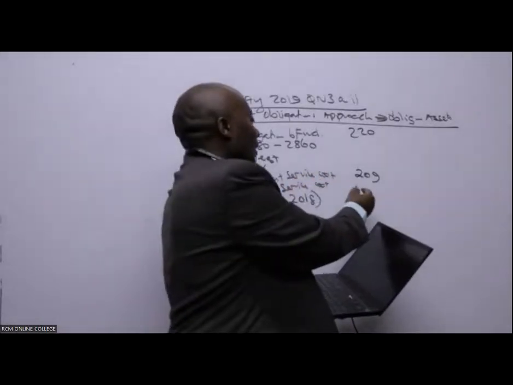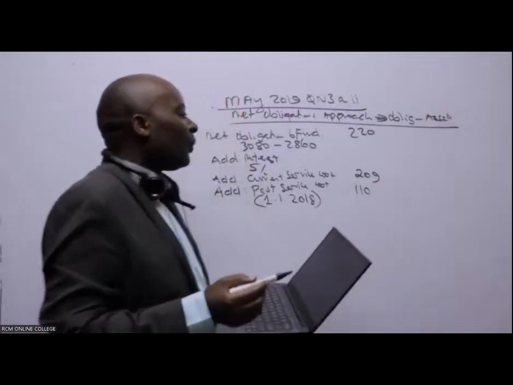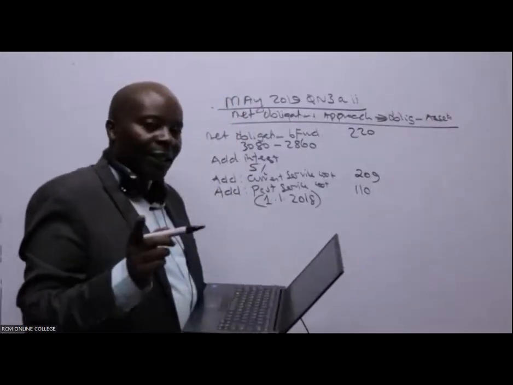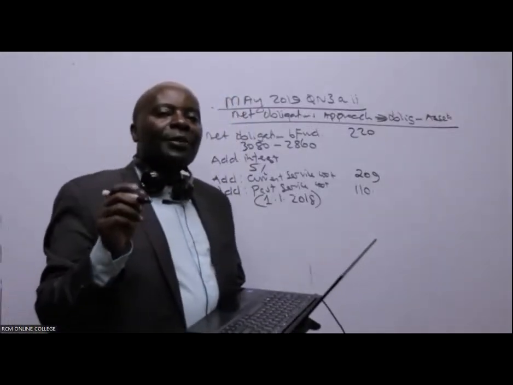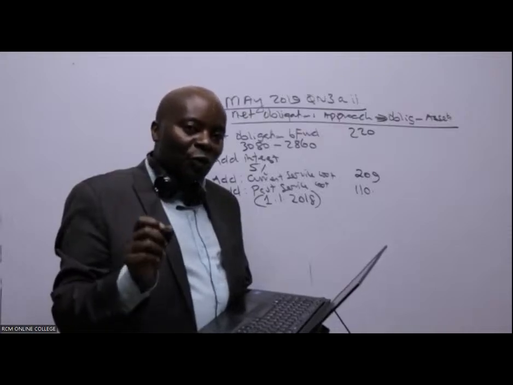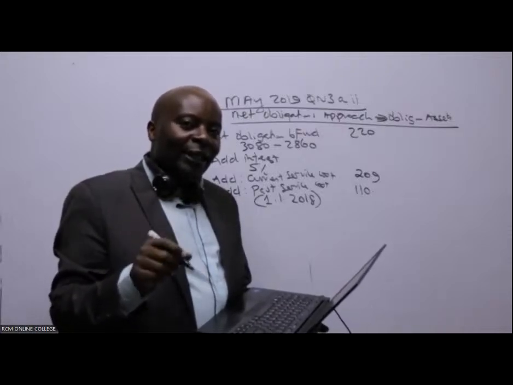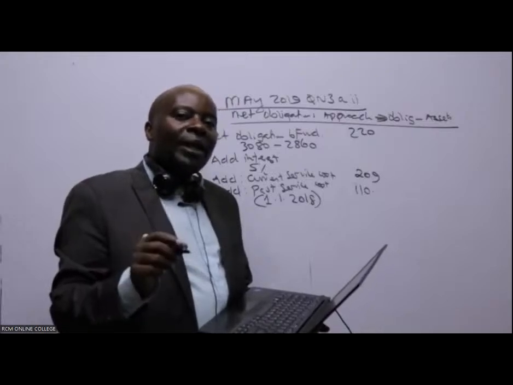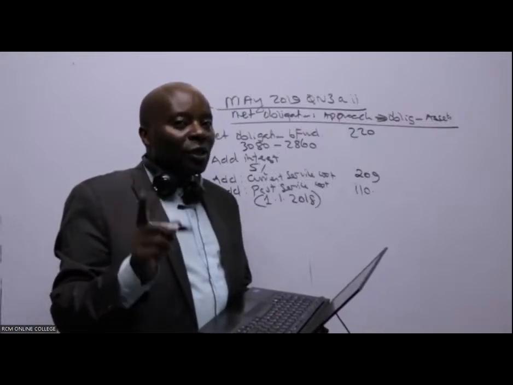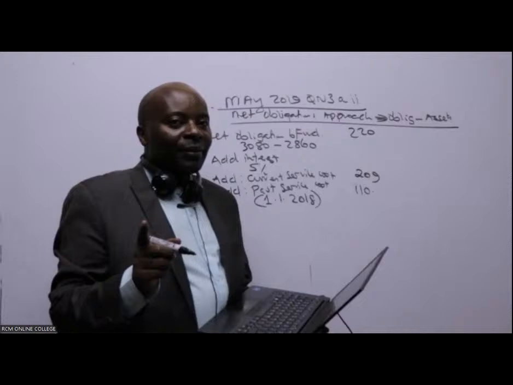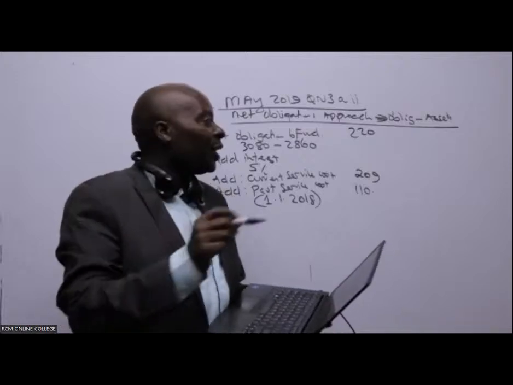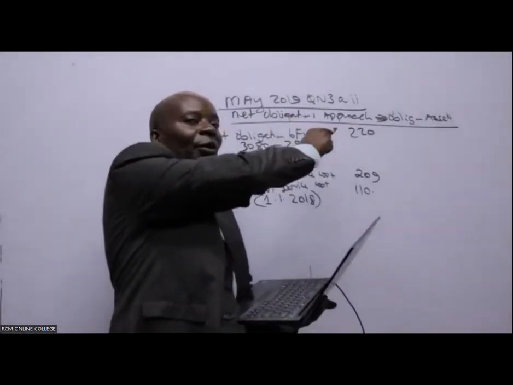110. Now please listen. Whenever this past service cost review is done at the beginning of the year, normally it has to attract interest. So it will be lumped together with the obligation at the beginning when you're calculating interest.